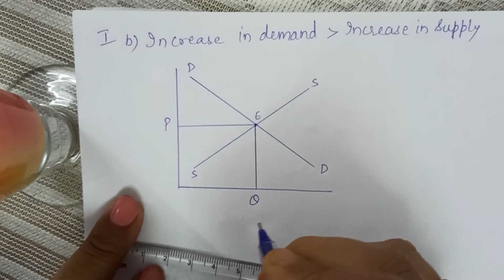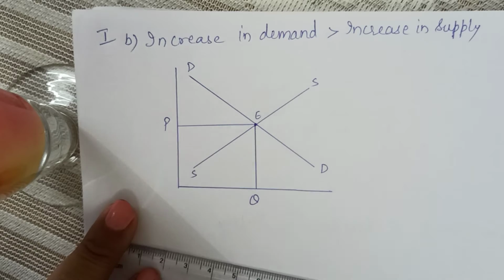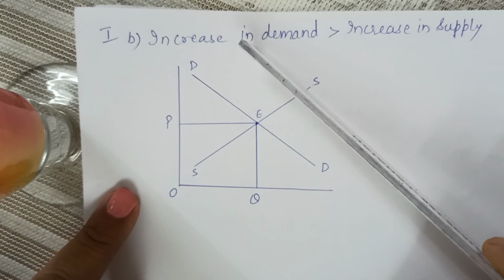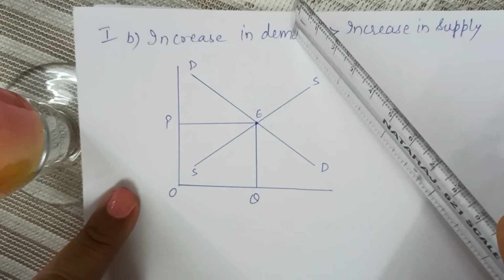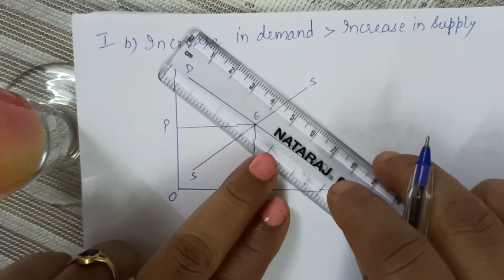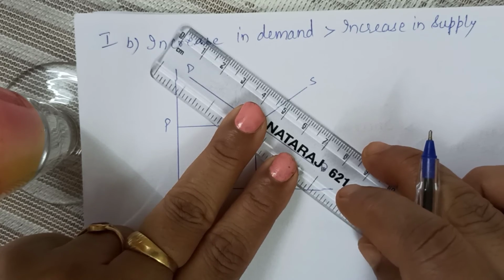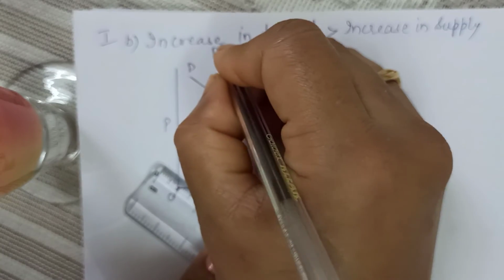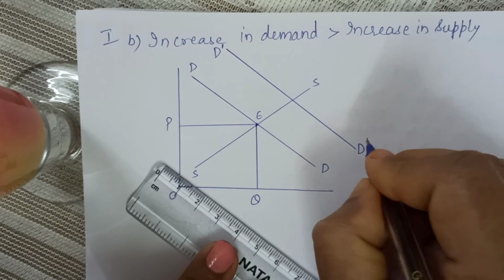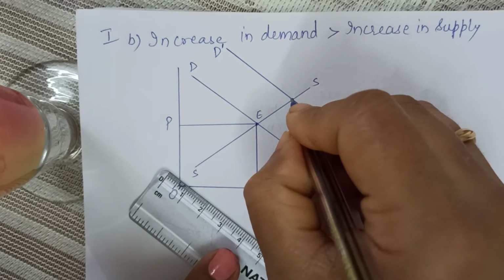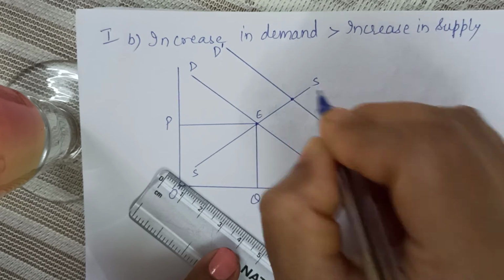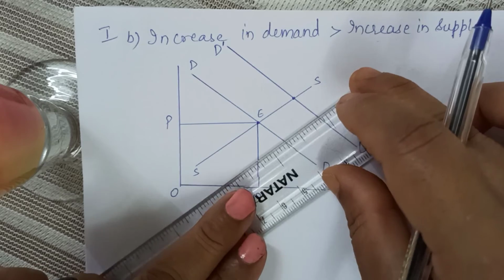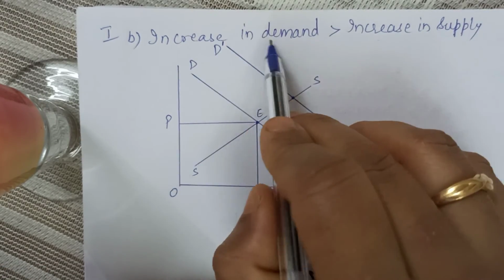P and Q. Now what is given? Increase in demand. It means the demand is going to shift towards the right side because increase is there. New demand curve will be gained, that is D dash. And increase in supply is also taking place. Now increase in supply is less, increase in demand is more.